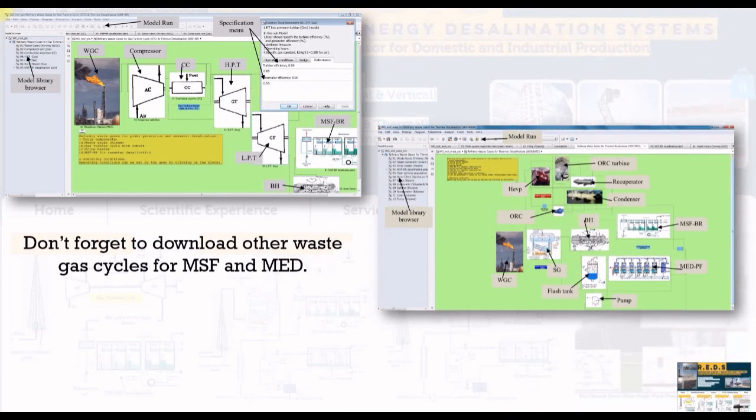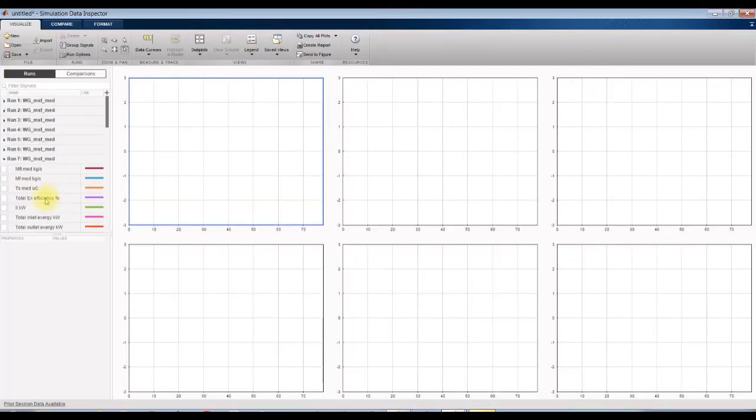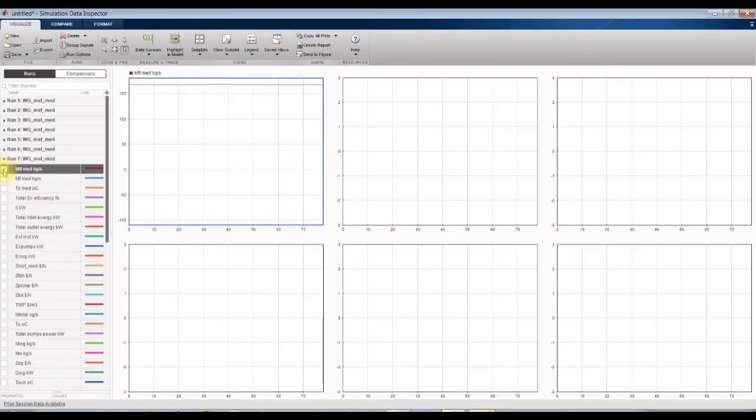Okay, don't forget to download the waste gases cycle for multi-stage flash or MED. But first, we have to discover some figures, the effect on the dryness fraction. As you can see here, this is our last run. This is total mass flow rate, top steam.